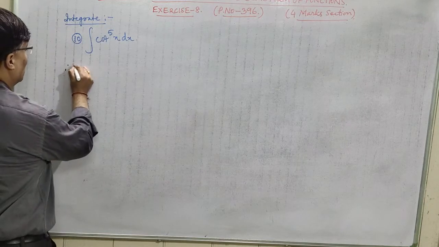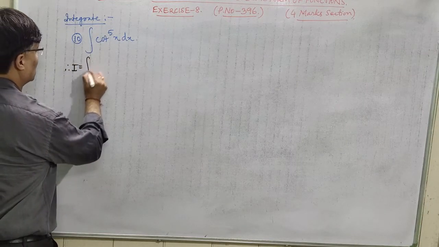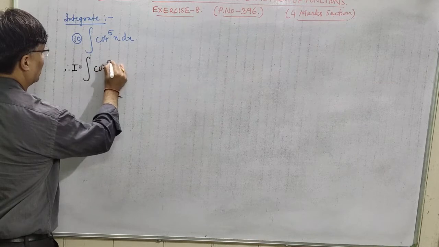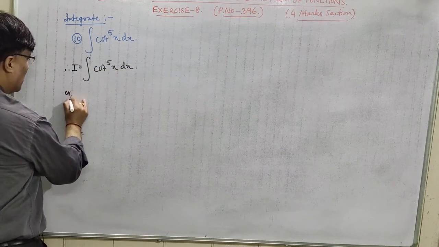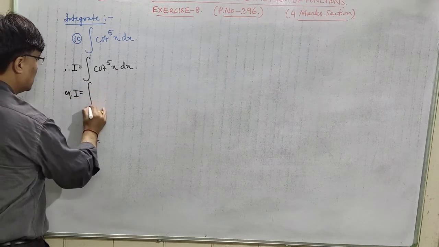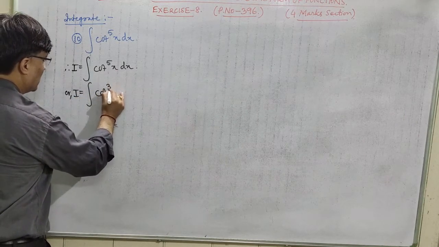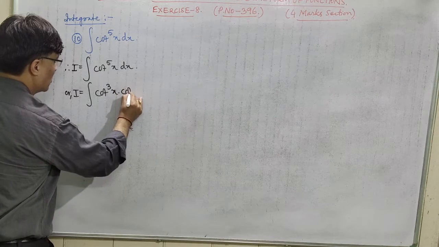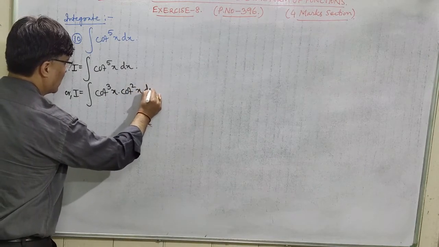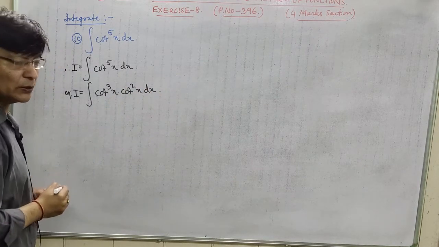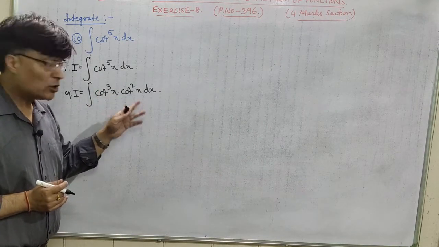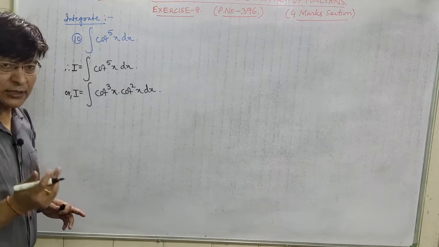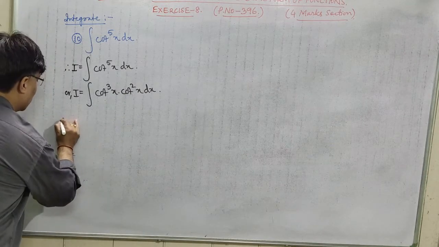So first of all, let us write I is equal to integration of cot to the power 5x dx. Or I is equal to integration of cot cube x into cot square x dx. Now you know that the differentiation of cot x is cosec square x, so let us convert this cot square x in terms of cosec square x minus 1.